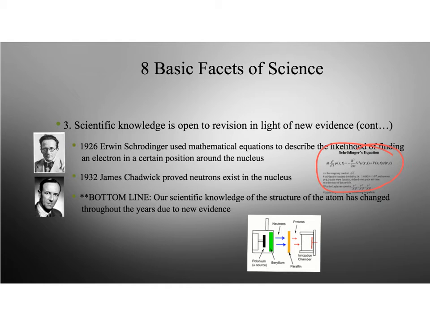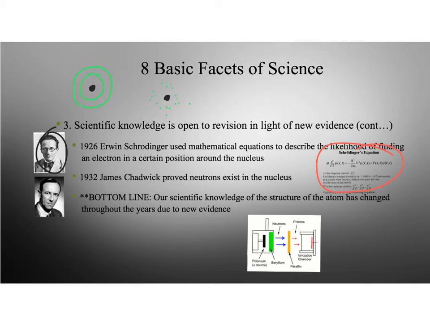So let me just kind of draw a little example here. If we've got a nucleus, all right, my little black nucleus in the middle, and we've got electrons on the outside. So Bohr would say the electrons are just in orbits like this, okay? But Schrödinger here would say not really two-dimensional orbits, but more like, hey, here's the likelihood of finding an electron here, here, here, here, here.